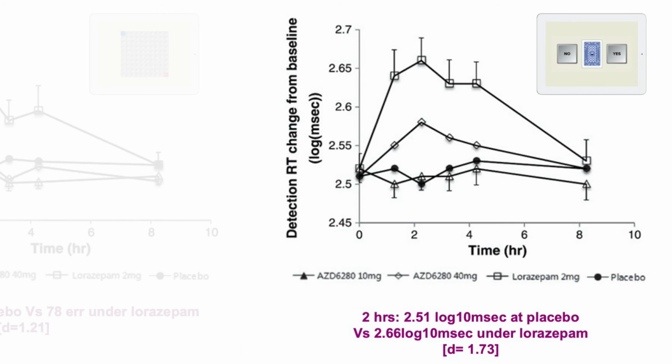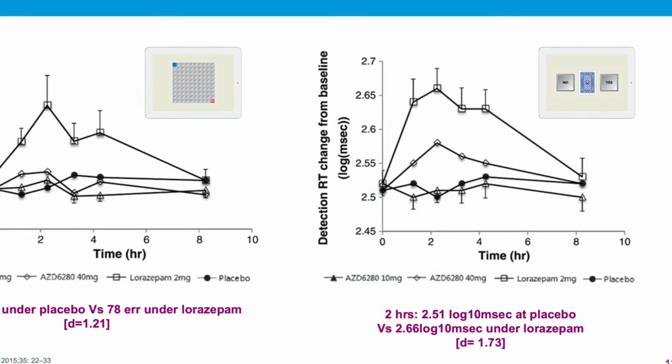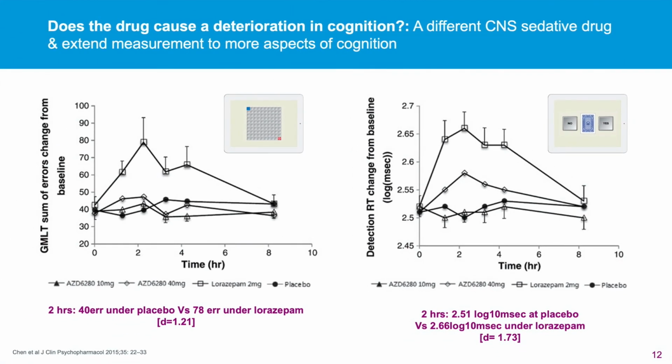But if we reconceptualize that data, the change that we observed in simple reaction time from baseline to 2 hours after dosing, you can see that the effect size there is 1.73. So that's much greater than that which we observed for the maze, which is shown on the figure on the left.